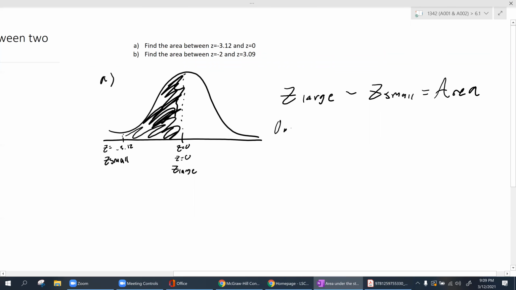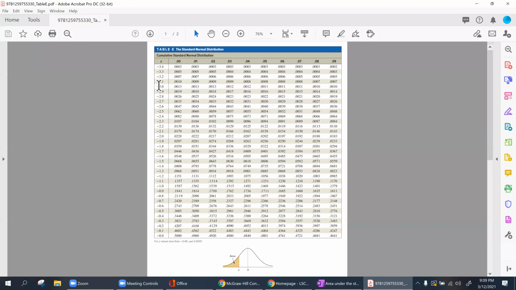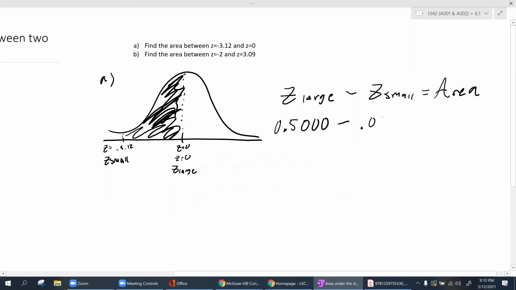So this is 0.5000 minus z small, which is negative 3.12, and that's 0.0009. So 0.5000 minus 0.0009 gives me 0.4991, and that's my area. We said it would be pretty close to 0.5 because it's almost the entire half of that curve, but not quite there.